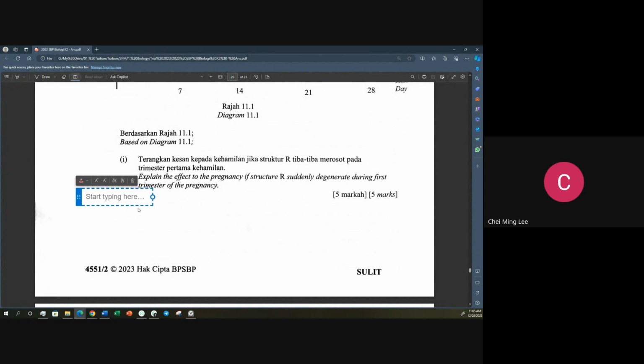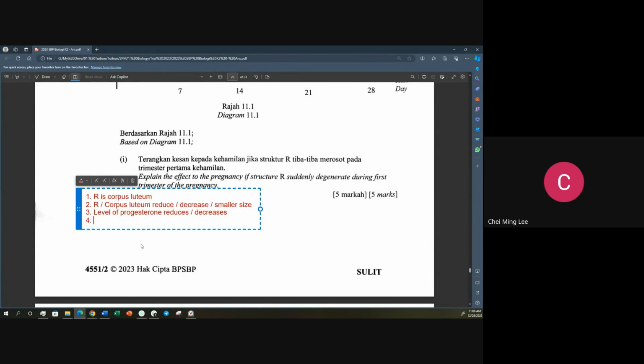Like always, we need to mention first that R is the corpus luteum. Then from there, we mention the process. So the corpus luteum will reduce and decrease in size, becoming smaller and smaller. So the level of progesterone released will decrease as well.